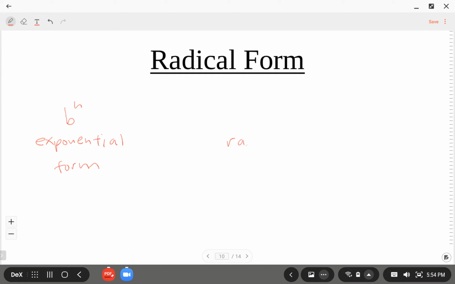And radical form usually has a square root, something like this: square root of b. This is going to be our exponential form when we are doing rational exponents, fraction exponents basically.